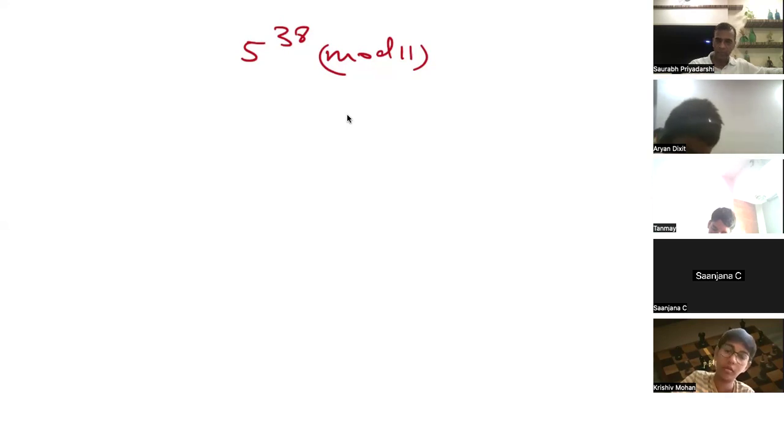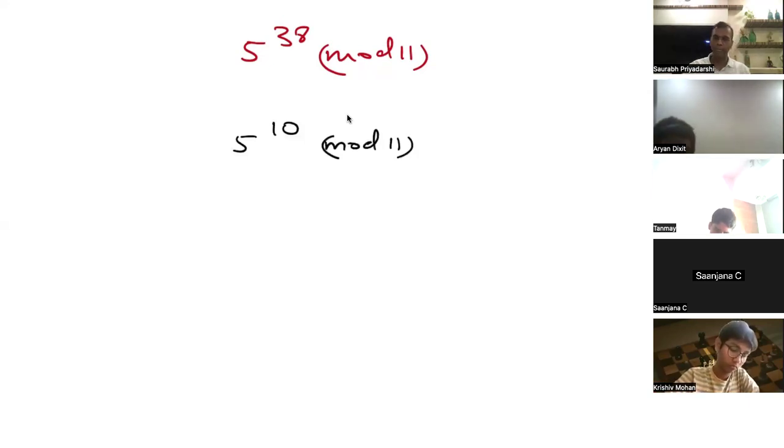One minute. Just I'll show you one of this exactly. You'll not get the direct question, but you can see that 5 to the power 10 mod 11 is congruent to 1 mod 11. Is this okay?